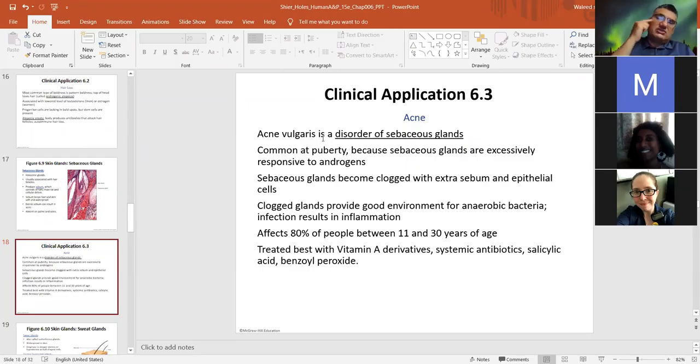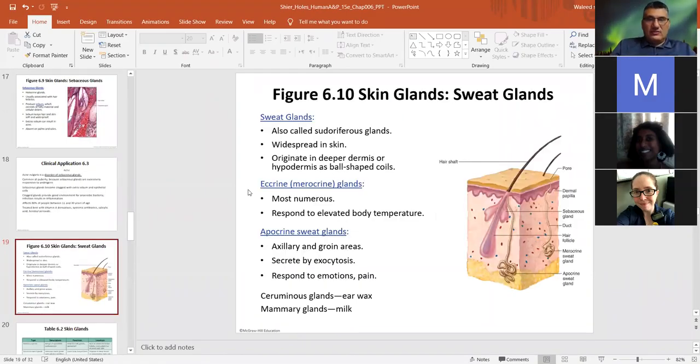This is where you see these whitish acne lesions. This is extra sebum that accumulates and is clogged, stays inside, and it can leave with either treatment or it can open later on.